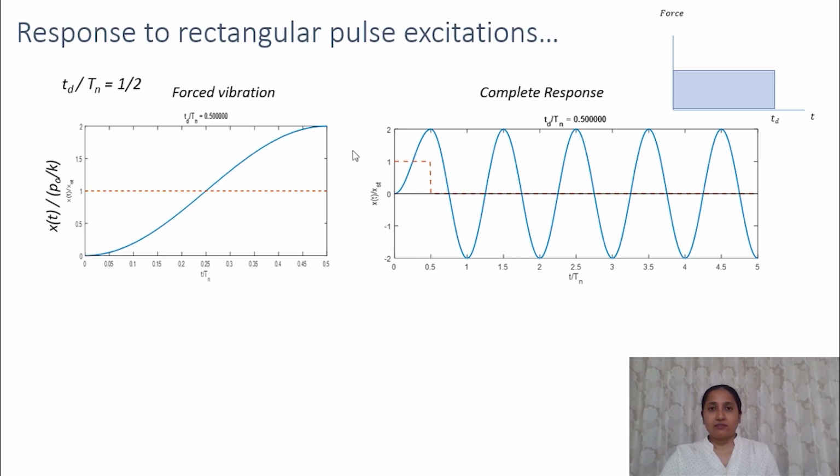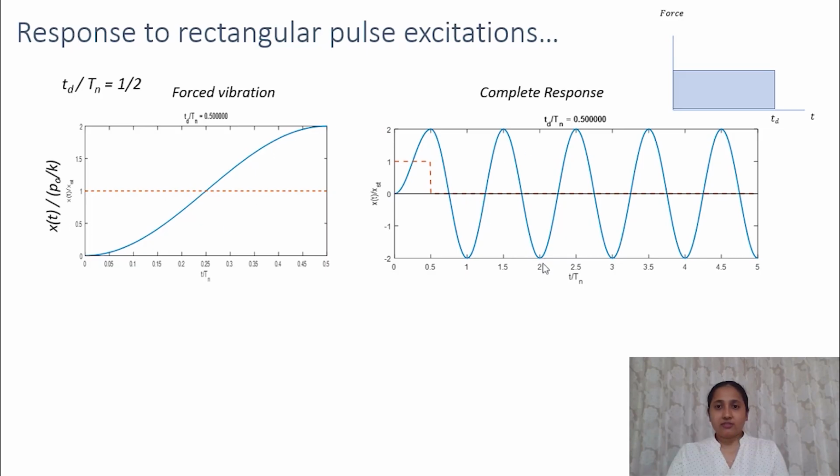We had derived these results when we derived the response for a step force. When a step force is acting, the maximum amplitude of the single degree of freedom system will be twice that of the static response. So here, when the duration of the pulse is half of the natural period, we are getting a similar response.